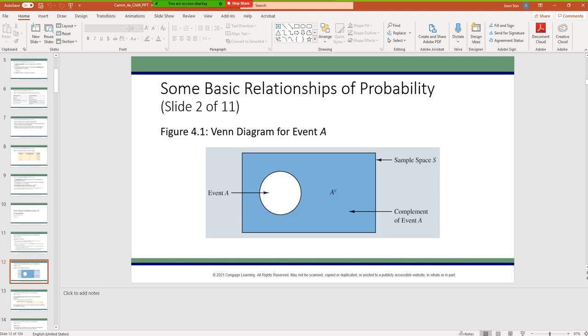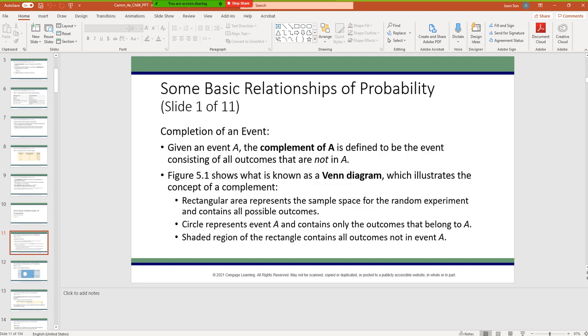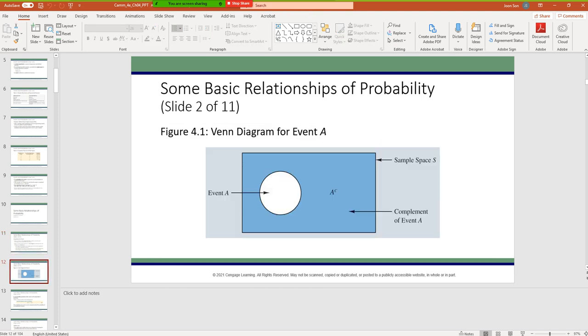Okay, this is an important diagram. This is called a Venn diagram, right? Another thing that I want you to know is the complement of A, for notation's sake.